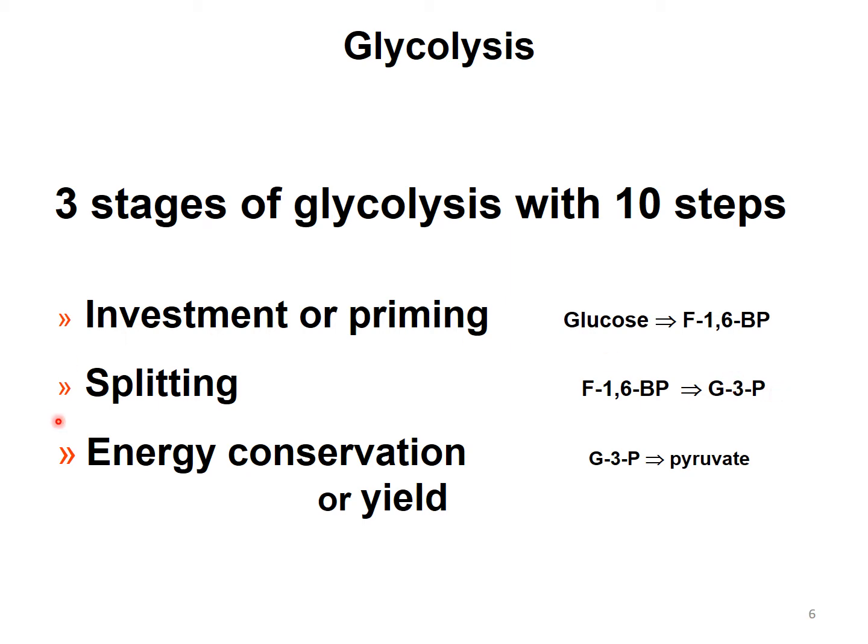And in the final stage, you have the energy yield or the energy conservation stage, by which G3P is converted into pyruvate molecule. So one point to take note is that in glycolysis, only a portion of energy in glucose is released as ATP, while we have more energy stored in this molecule of pyruvate, which can be oxidized further.